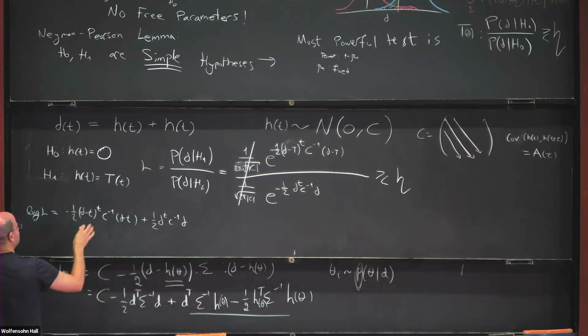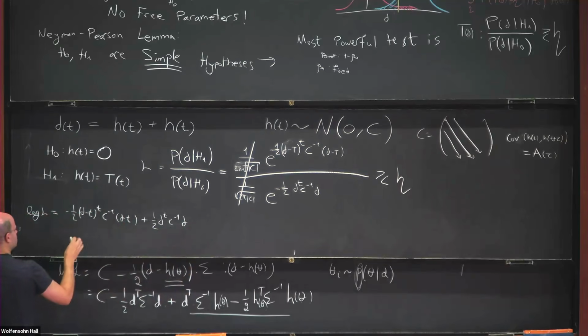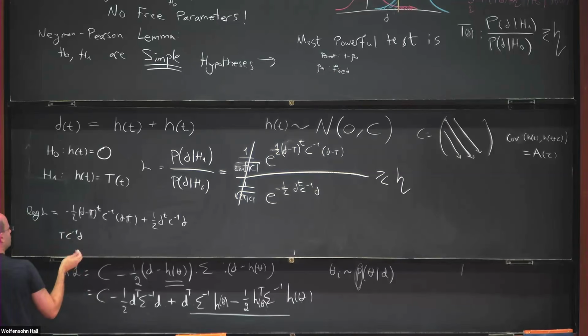Okay. So let's open the parentheses. Now the d c minus 1d will just cancel. So we'll have two terms. We will have t c minus 1d, okay?